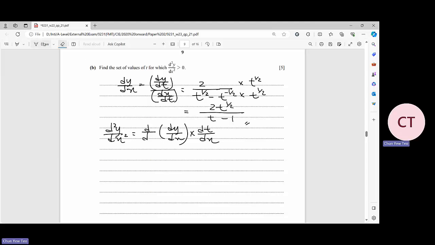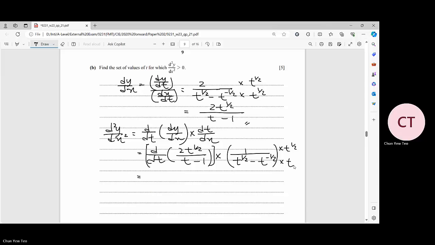So by changing them this way, you will have d/dt of 2t to the power of half over t minus 1, times dt/dx. So dt/dx will be 1 over t to the power of half minus t to the power of negative half. So this, we can do it first. Then as for this one, we can multiply by t to the power of half and t to the power of half like just now.